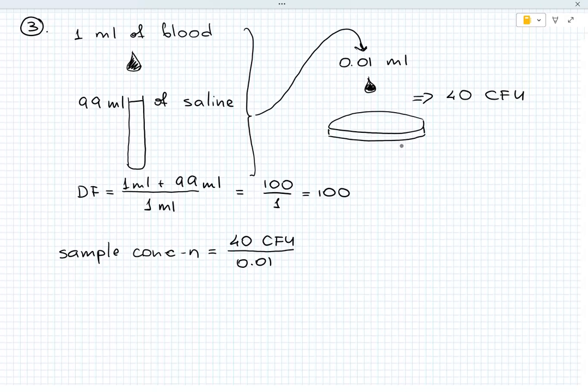So you divide it by the volume that was applied to the agar and multiply by 100, the dilution factor. Okay? Again, if you do the calculations, 400,000 colony forming units per ml.